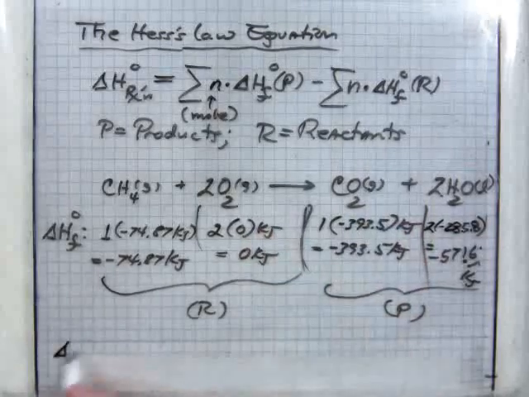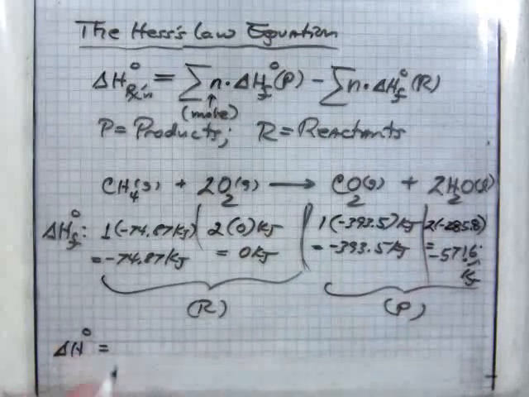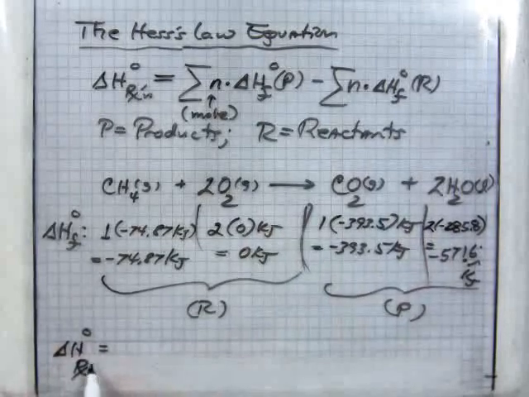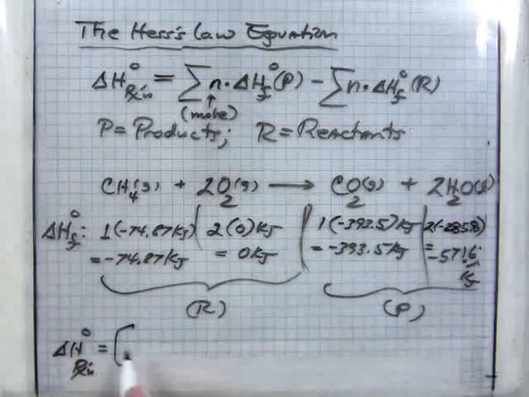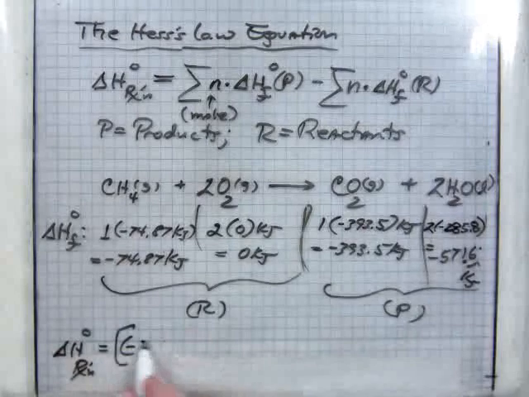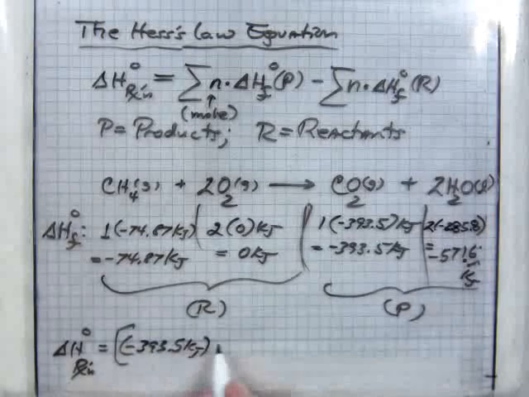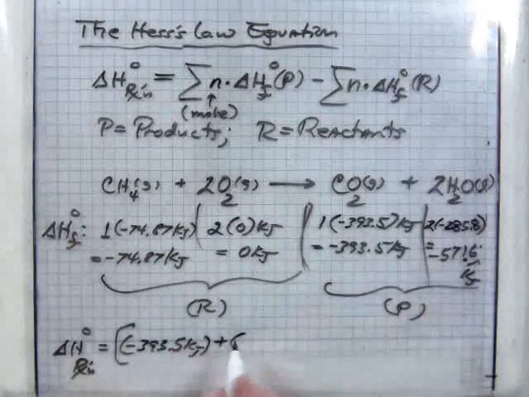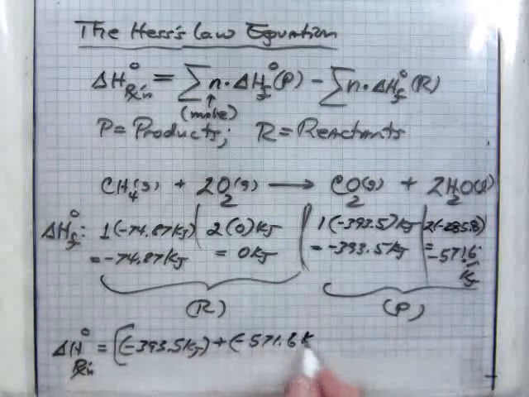So as I set this up, I say delta H of reaction. I'll take the product side and isolate it in little brackets and parentheses. And I'll add that one to a minus 571.6 kilojoules.